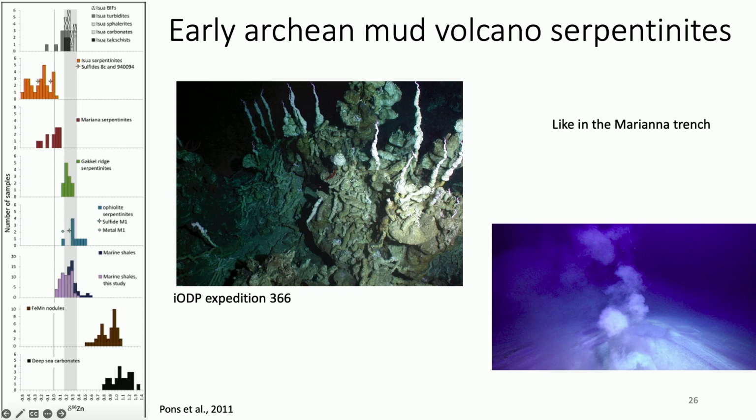Here, that's a picture of an active mud volcano at the bottom of the Mariana Trench, and that's a fossil one that's been observed and sampled by an IODP expedition a couple of years ago. So that's really characteristic of high pH, hydrothermal conditions, medium temperature, 100 to 300 degrees C. And those conditions, that's high pH, are also very conducive to reducing conditions.